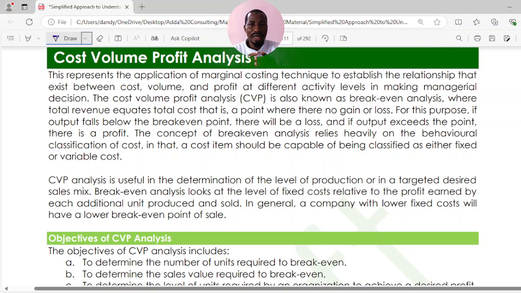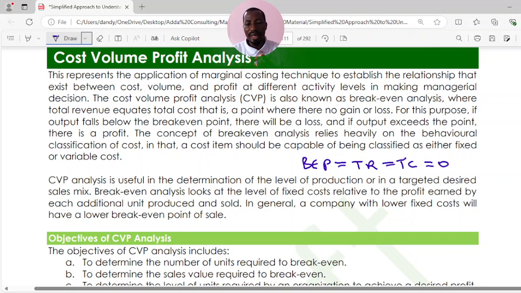The break-even point is the point where total cost equates total revenue, which means that profit is equal to 0.